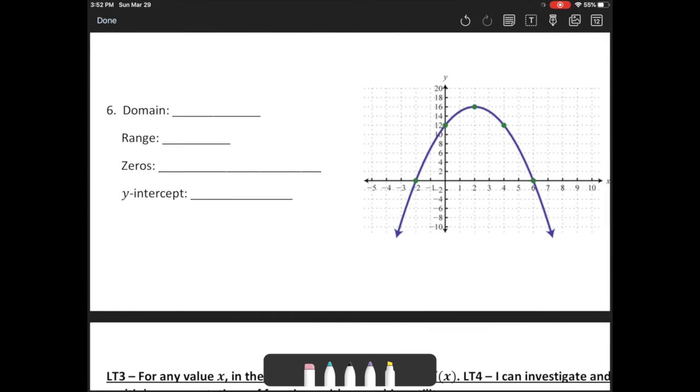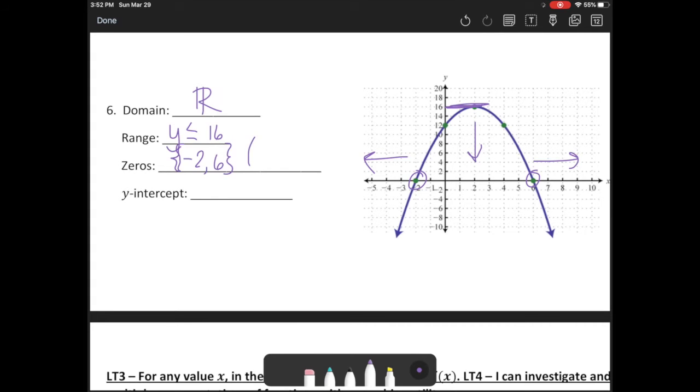For number 6, our domain, all real numbers, because we would go all the way forever, left and right. The range, however, goes from 16 down, so y is less than or equal to 16, positive 16. Our zeros are right here. We can list it like this, with curly braces, -2 and 6.